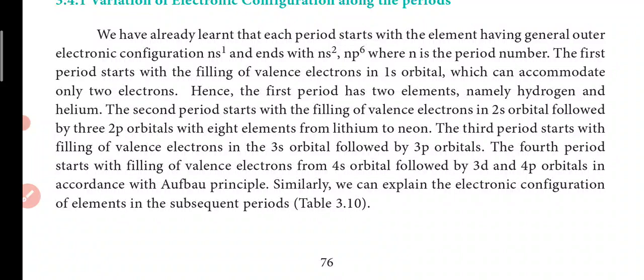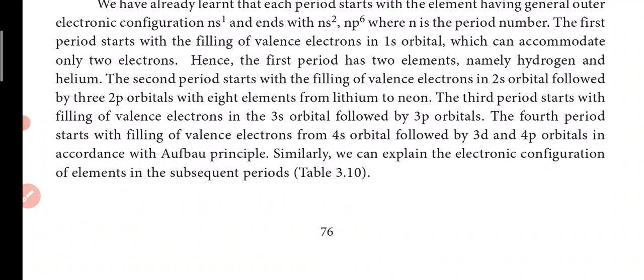The second period starts with the filling of valence electrons in the 2s orbital. We saw this yesterday: the first orbital is 1s, the second is 2s. Here also, the s orbital takes a maximum of 2 electrons, after that it goes to the 2p orbital, where you can accommodate up to 6 electrons, from lithium to neon.